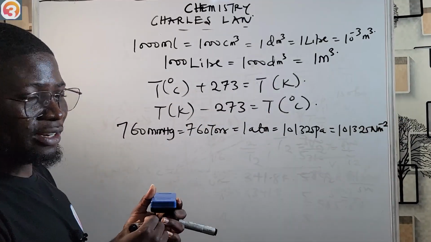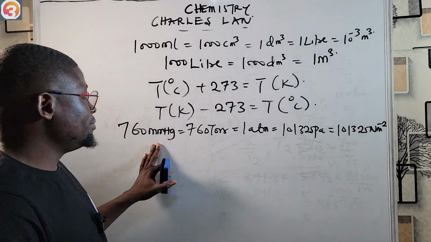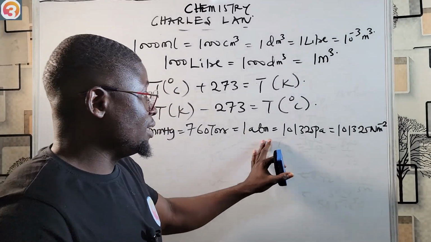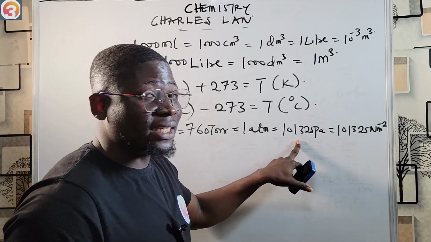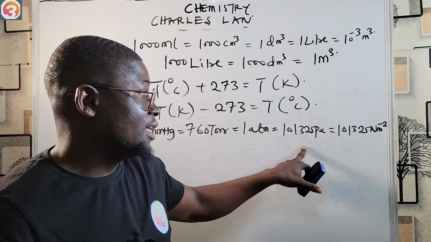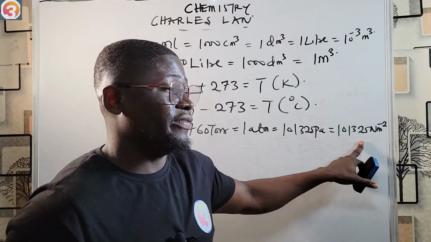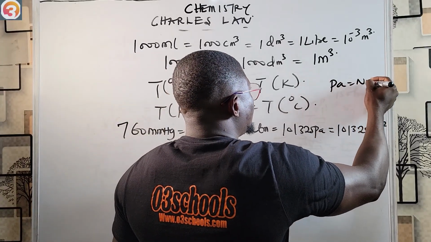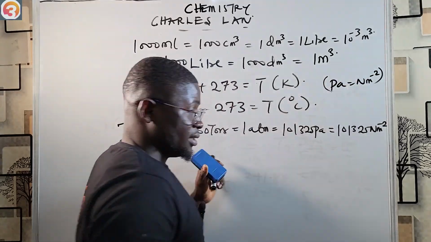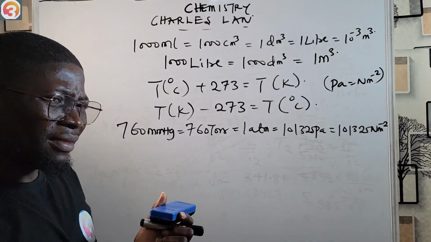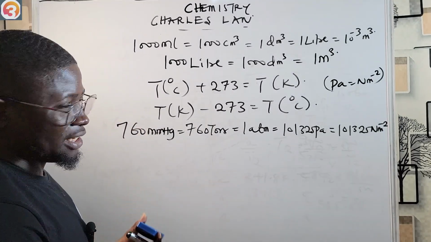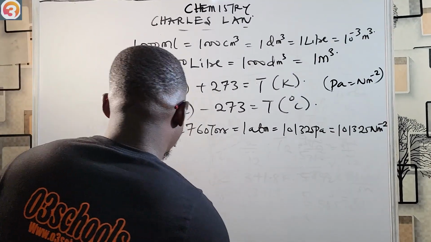Please note that. 760 millimeter mercury is 760 torr. It's 1 atm. It's 101,325 Pascal. It's also 101,325 Newton per meter square. This means that the Pascal is equal to Newton per meter square. You must know that, so that when I give you a question and you want to convert, it will be as easy as anything.